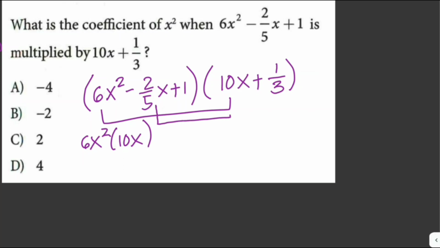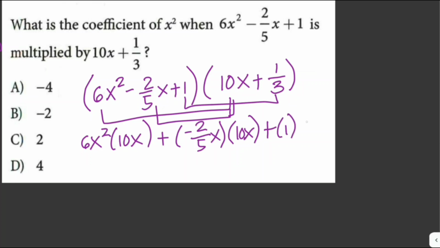Then negative 2/5 x times 10x. Then plus 1 times 10x.